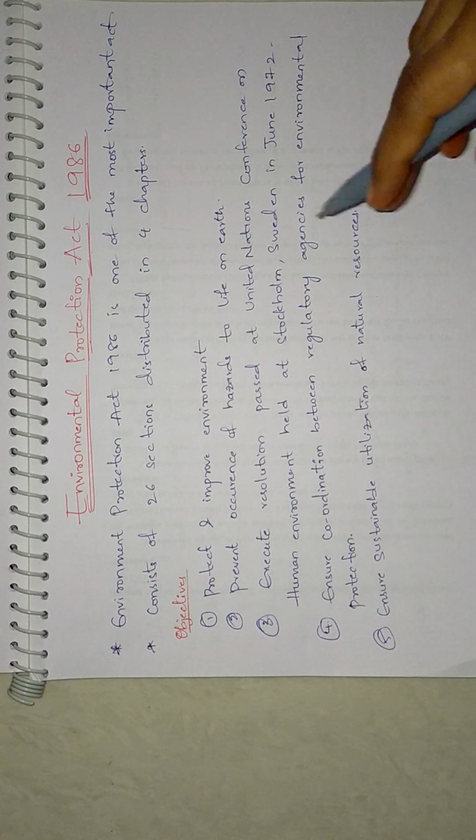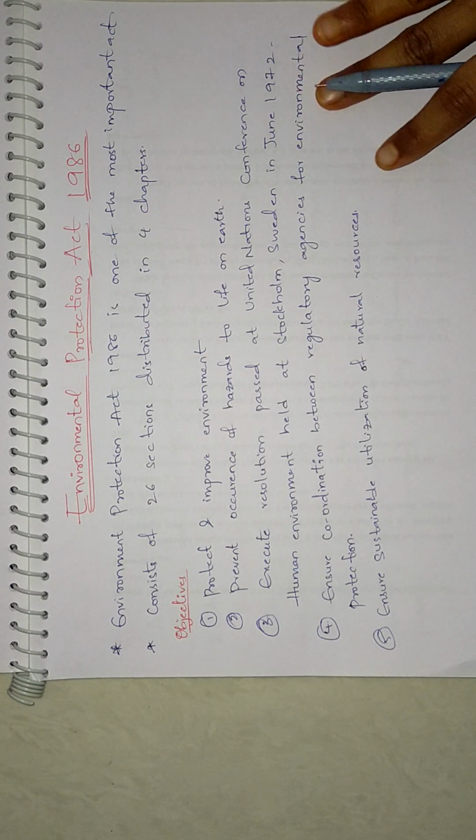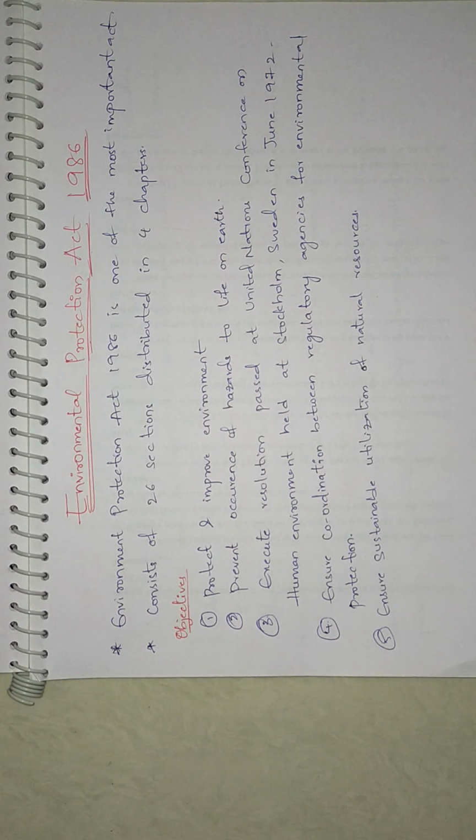Okay, don't think that I'm just reading these points because there is nothing to explain in these objectives, but I'm making sure that you listen to all the important points, because I wrote only the important points in the notes, and if you listen to the video clearly you'll get some extra points as well.